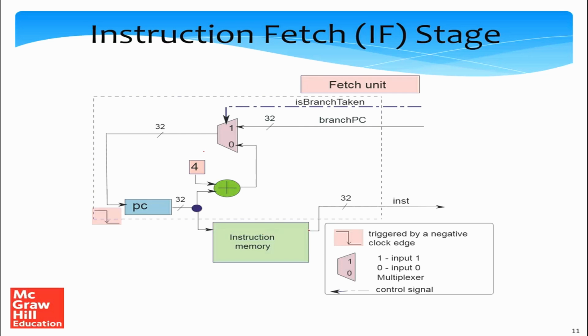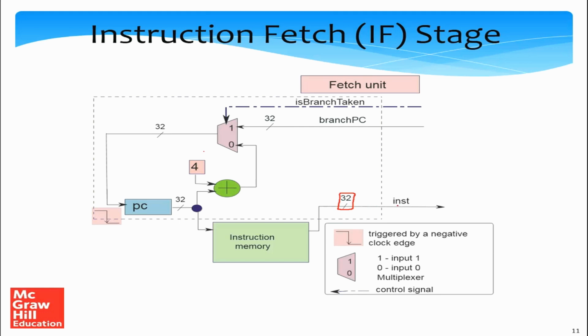But for the time being, let's assume that it's a black box that we don't have to touch, and which is per se out of the fetch unit. We read an instruction from it, which is again a 32-bit quantity. We'll be using this symbol over here to indicate that the wire is carrying 32 bits.